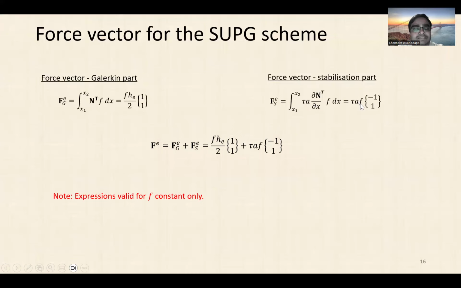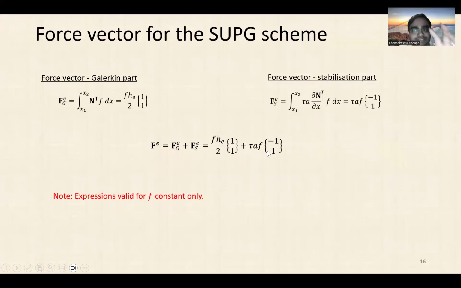If f depends on the coordinate, for example, if f is sine of x or some other function of x, then these expressions are not valid. Either you can integrate for the particular expression of x and come up with new expressions, or we use Gauss points. But here we are going to use only constant f, so these expressions are sufficient for the purpose of this lesson.